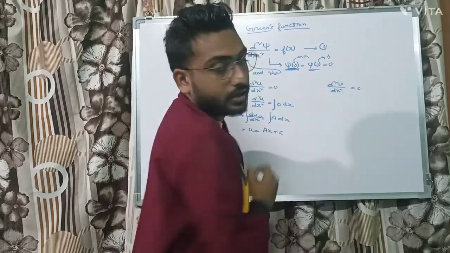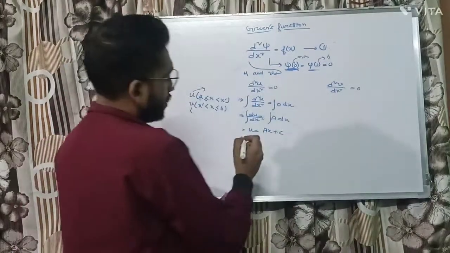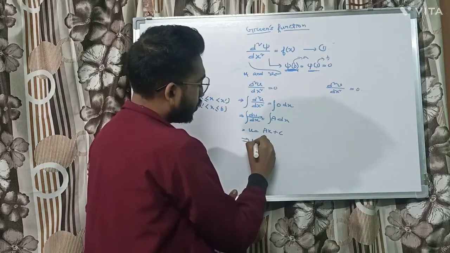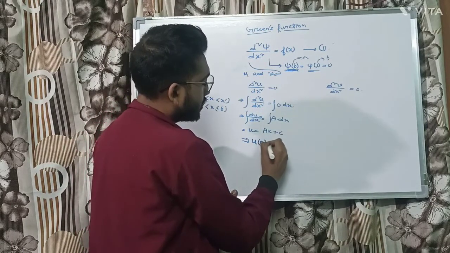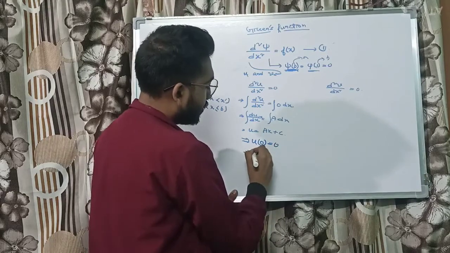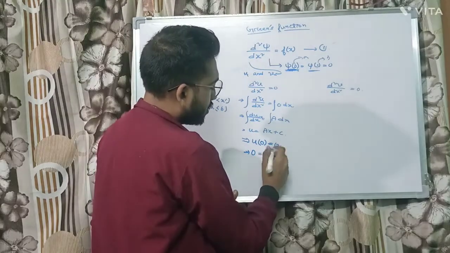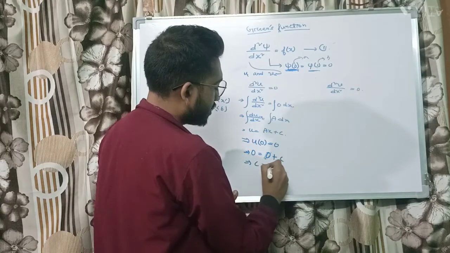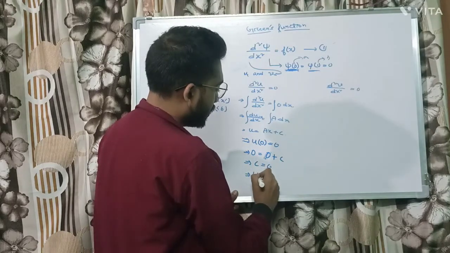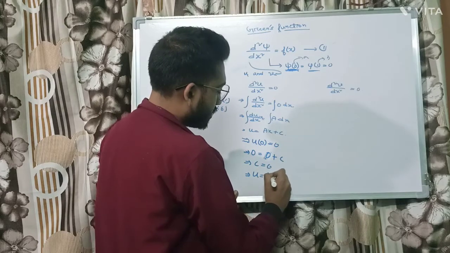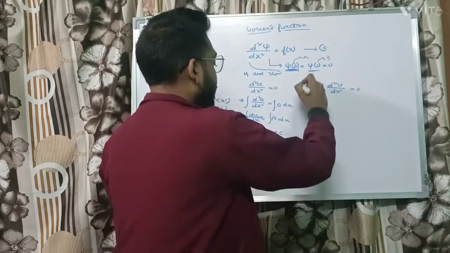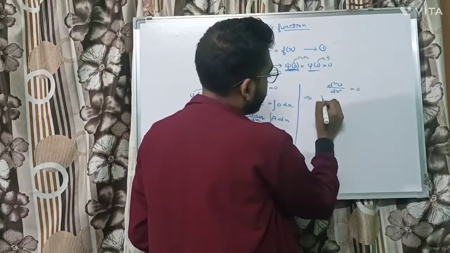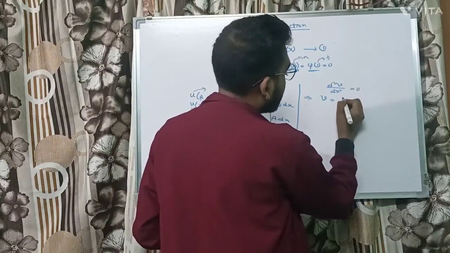If I consider the first boundary condition u follows, that is u is 0 at 0, then this will be 0 plus c, so c equals 0, and my solution will evaluate as u equal to ax.